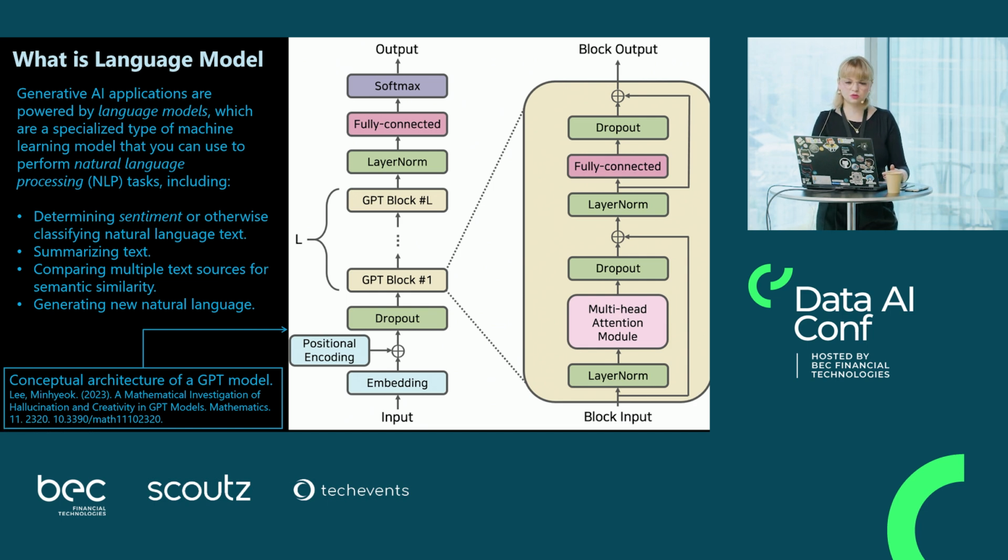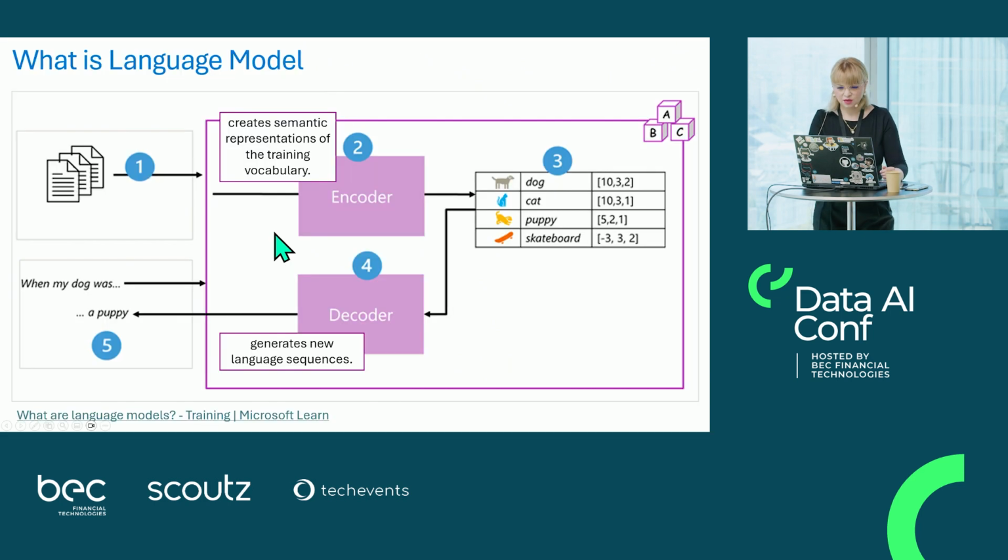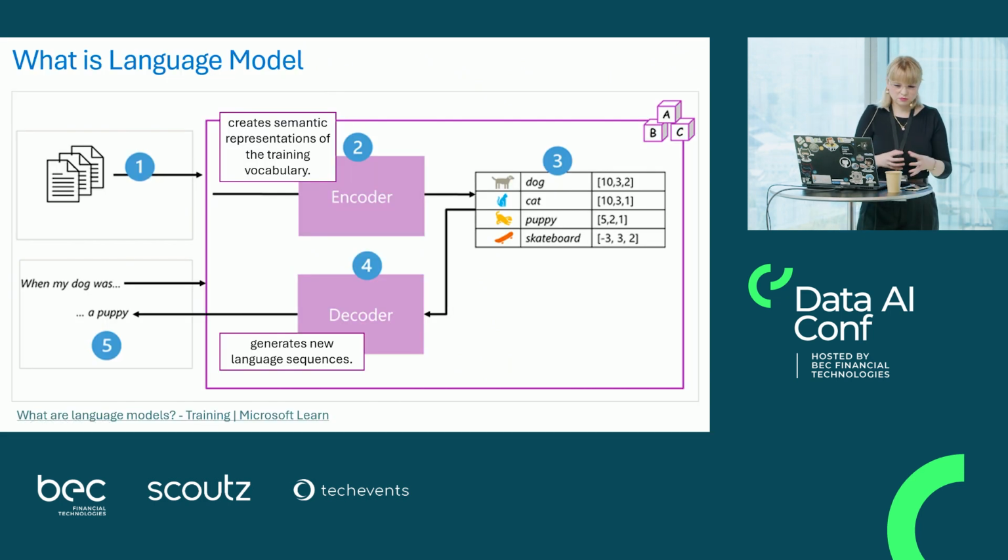Those architectures could be very, very complex. So if you are interested in a deeper dive into this type of topic, my recommendation is to go to the publications. This is what I am doing, and this is how I am learning.